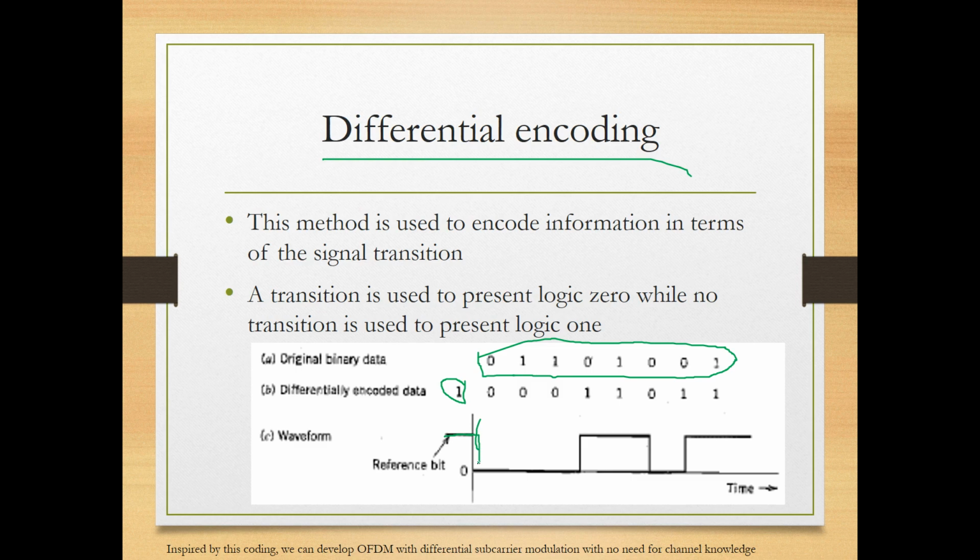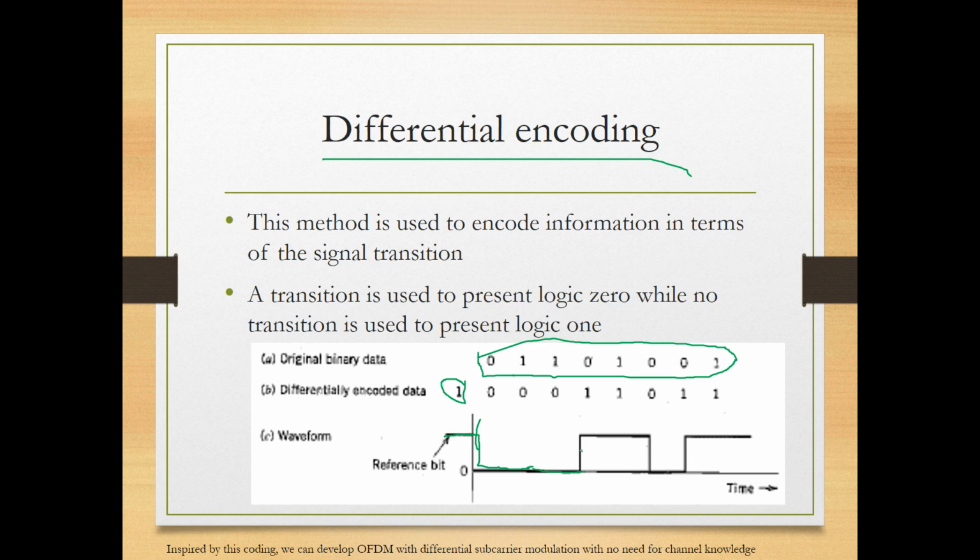The signal goes to 0. 1 comes. If 1 comes, no transition, no changes. You stay as you are. Go straight. Stay at 0. Again, another 1 comes. Remain at 0. Go straight. 0 comes. When 0 comes, you must make a transition.